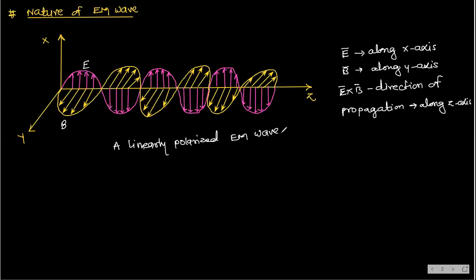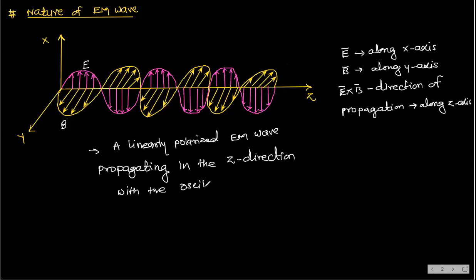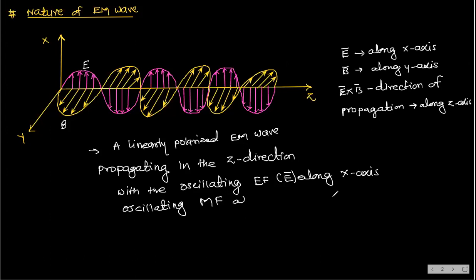A linearly polarized electromagnetic wave propagating in the z direction with the oscillating electric field, that is E bar, along x direction or x axis, and oscillating magnetic field, that is B bar, along y direction or y axis.